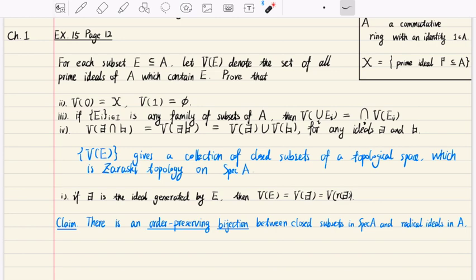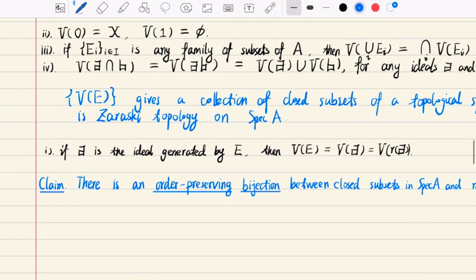I guess that is the most important thing for prime spectra: the Nullstellensatz for the prime spectrum.